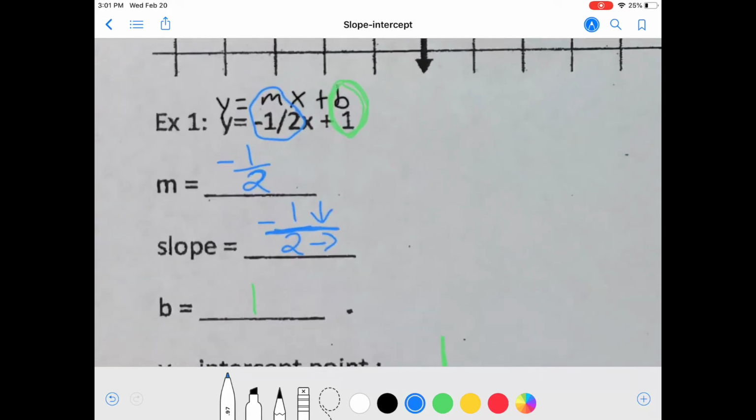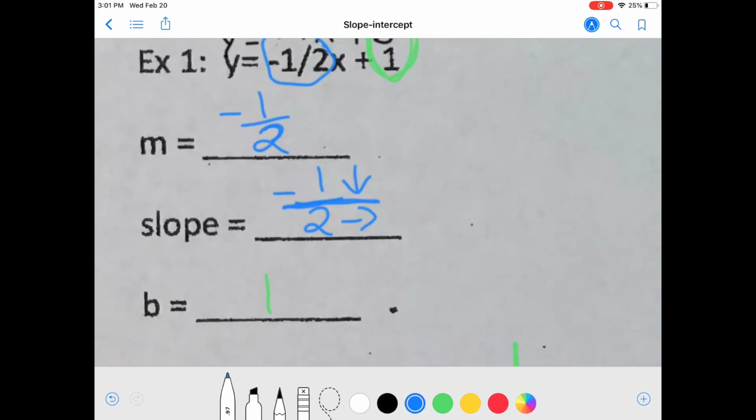Instead of going down 1 and to the right 2, I could have also done the opposite: up 1 and to the left 2, which would be negative to go to the left.